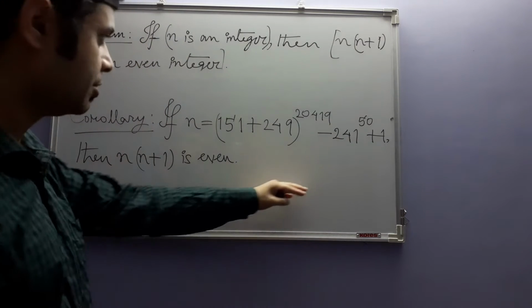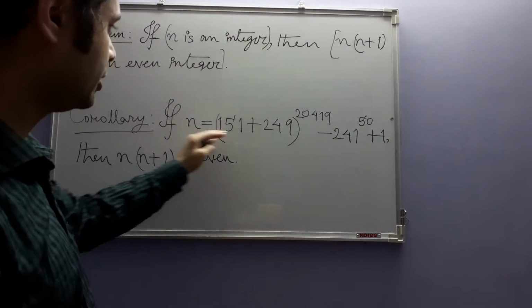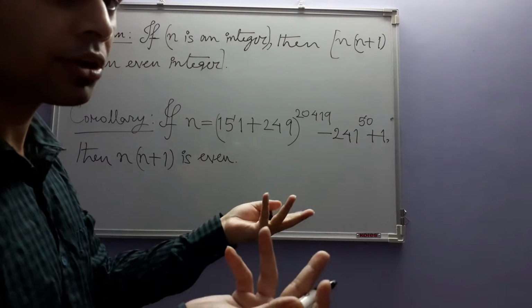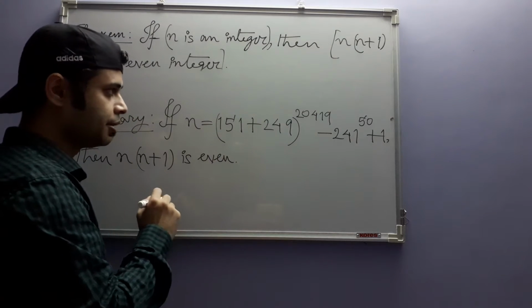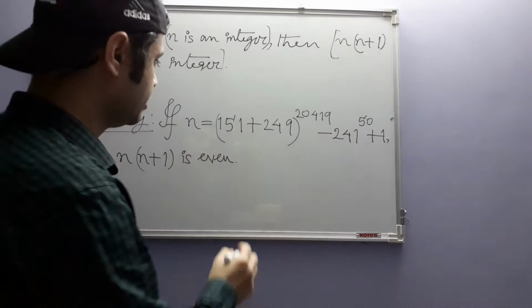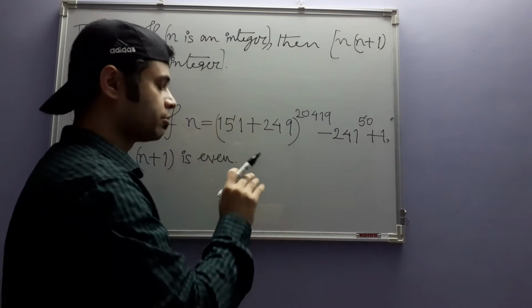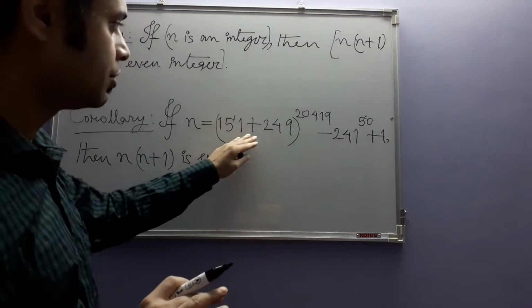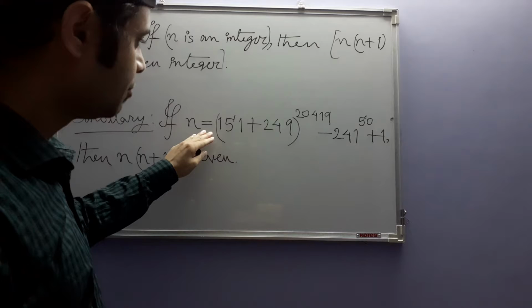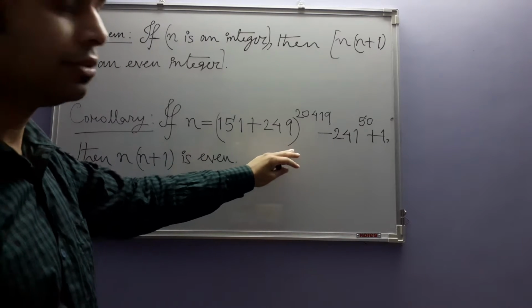For example, how we went through the proof in the actual proof of the theorem when n is even or we don't know. See, at this point we still don't know what n is, but we can quickly determine what n is. We are not going to find the actual value of n. That would be a daunting task, but we want to find whether n is even or odd. That is not very difficult.